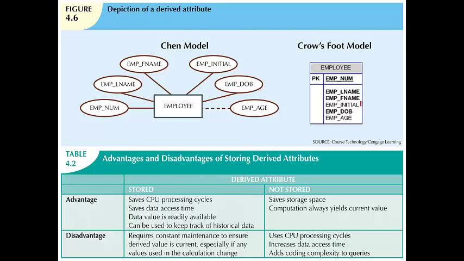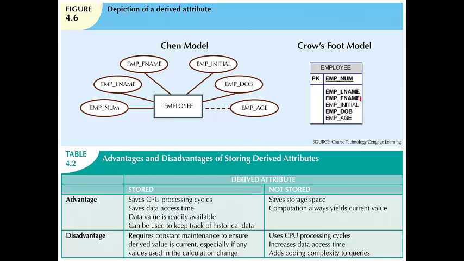Well, here's an example of the perfect type of attribute that should be derived, right? Employee age is always changing, but employee date of birth never does. So employee age is something that can be quickly calculated from the date of birth, which is stored, and the current date. So it should never be stored.